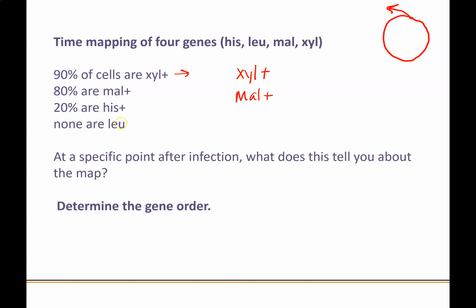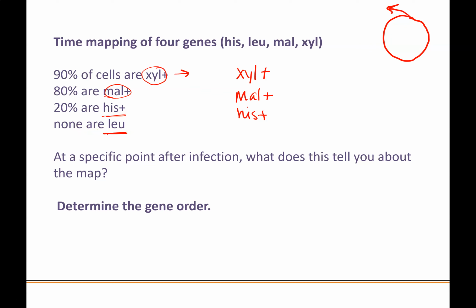So let's let it run. At the same time interval, a few of them have histidine, the His gene. This means that at whatever time interval we've had, the order is related to the percentage of cells that have that new gene. If we look at this specific time, none of them have the LU gene yet.